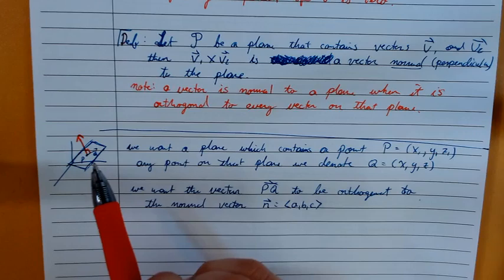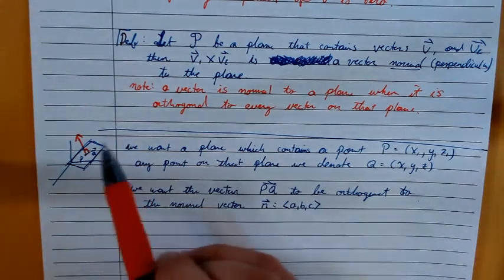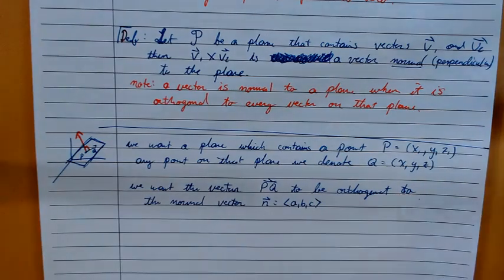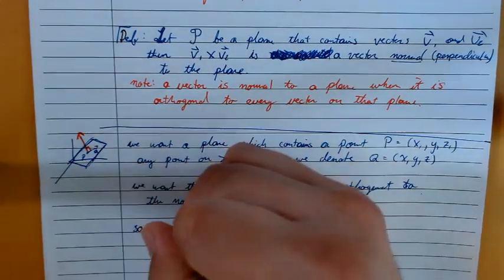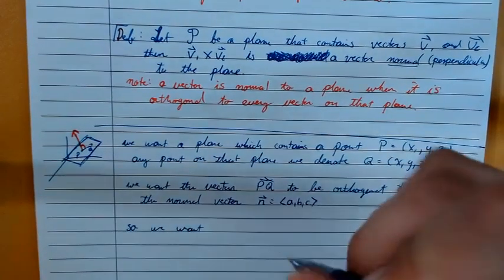But what does it mean to be orthogonal? Geometrically, it means it's perpendicular. But algebraically, it just means the dot product is 0. So we want to take the dot product of these two and have it be 0.